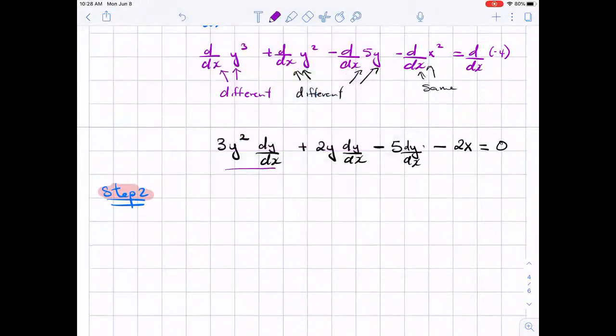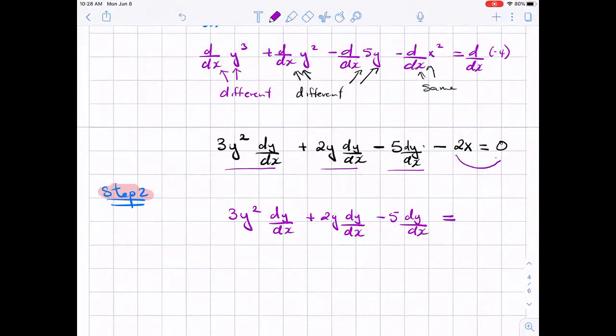So we're going to leave this term by itself, this term by itself, and that term by itself. So we end up with 3y squared dy/dx plus 2y dy/dx minus 5 dy/dx equal to, and we take this to the other side, so that becomes 2x.